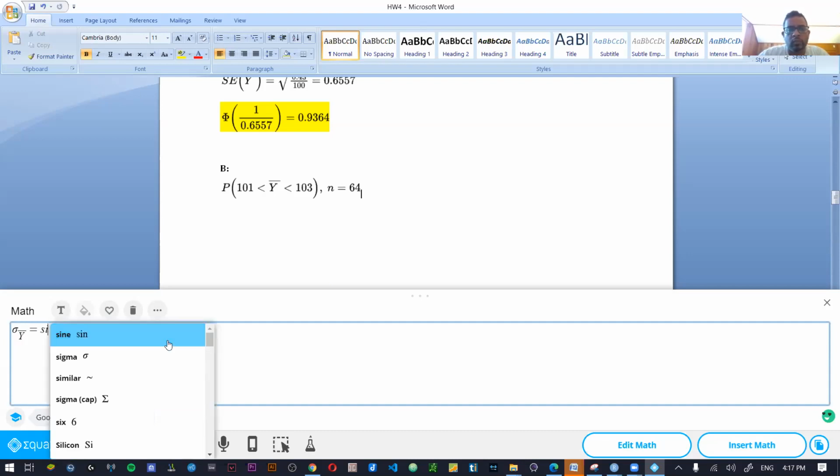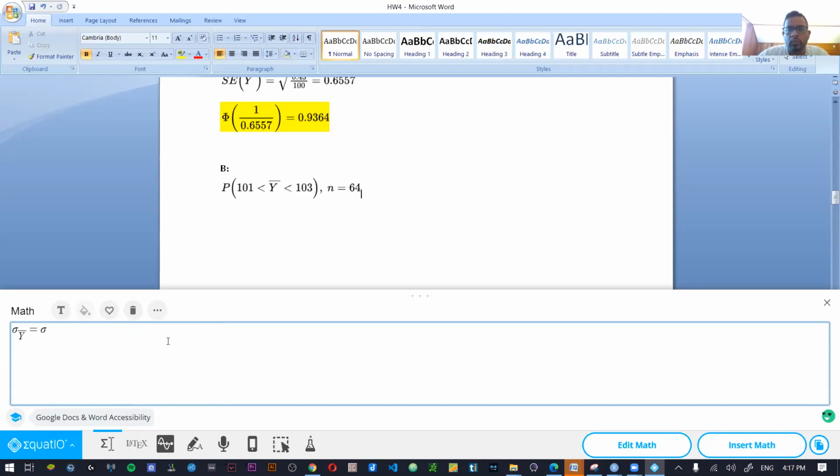The equation is sigma of y divided by n, and it should be the square root of n.